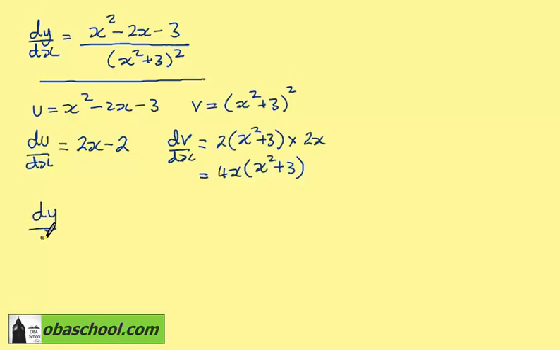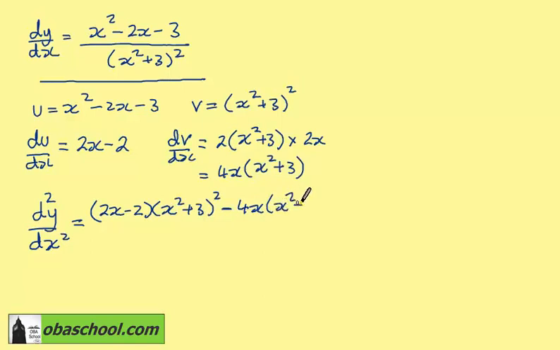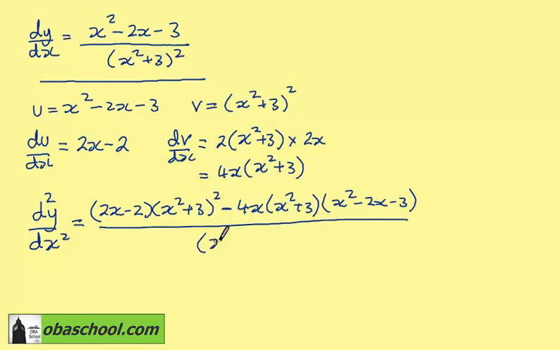Following the quotient rule again, d2y/dx squared is v du/dx, so that's (2x minus 2) into (x squared plus 3) squared, take away u dv/dx, so that's 4x(x squared plus 3) times (x squared minus 2x minus 3), all over (x squared plus 3) to the power 4.